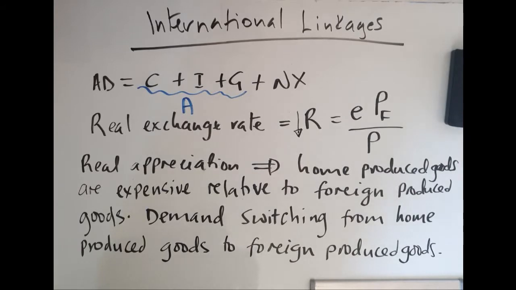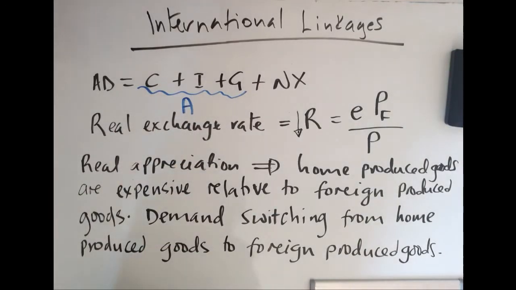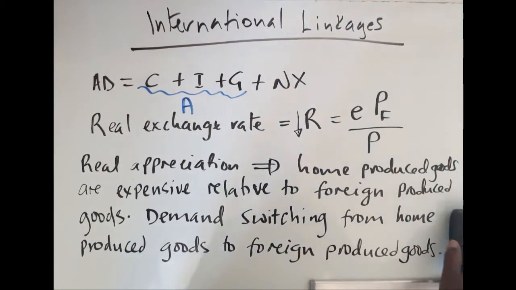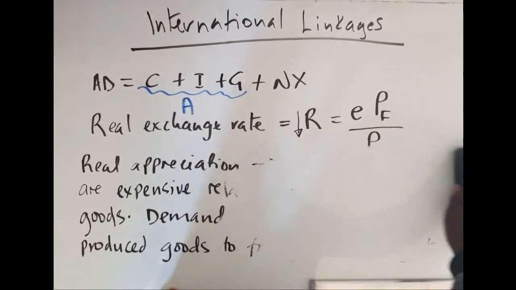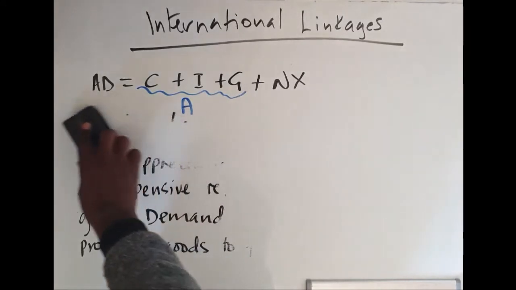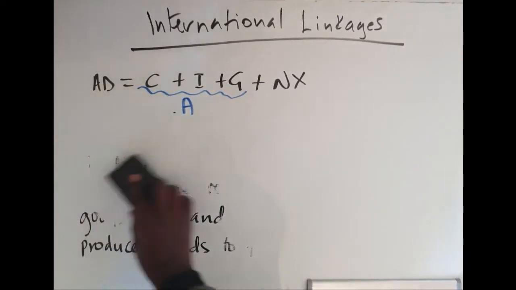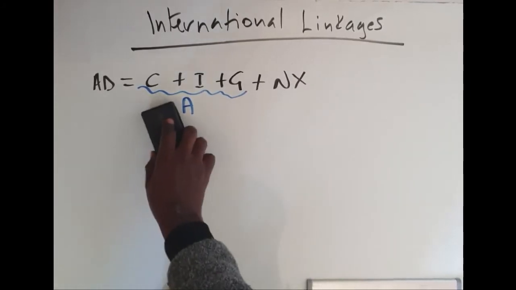That's the idea. So now these components, which we are referring to jointly as absorption, we mentioned that what determines absorption is income and interest rate. So we are having a scenario where we're talking about domestic spending.